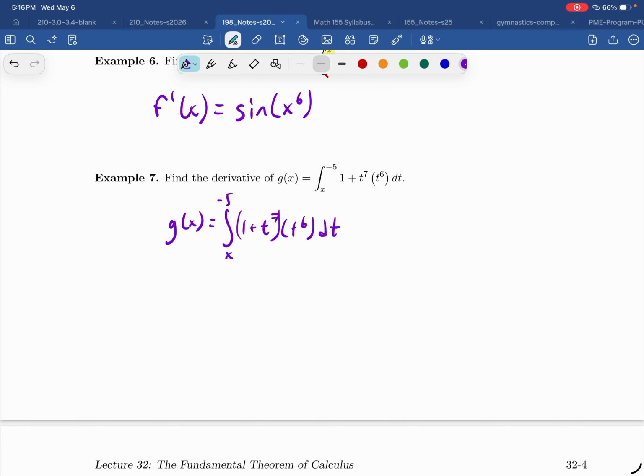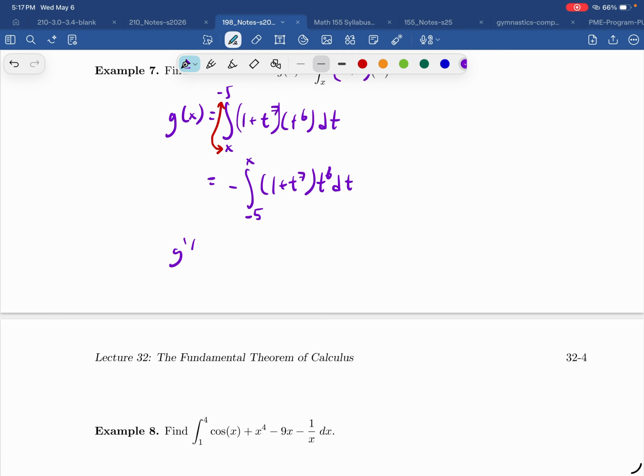Let's put parentheses around this just to be clear. This is not what the Fundamental Theorem says. We need to switch the x and the -5. So what we do is we flip the bounds, but in order to do that, we make it negative. That was from the integral properties. And so g prime of x is going to equal -1 plus x to the 7th, x to the 6th. Done.